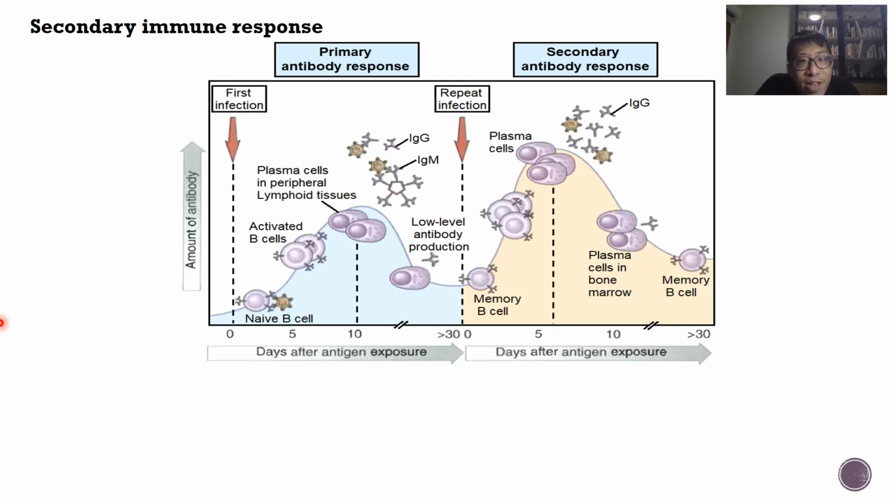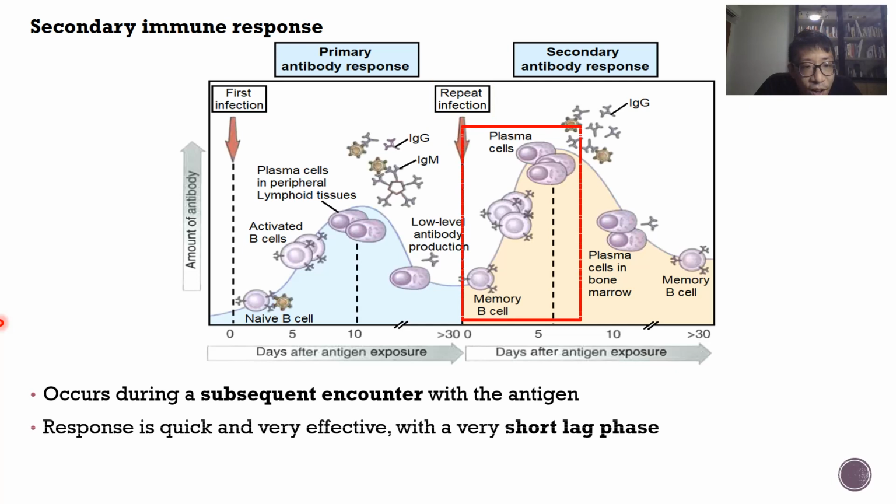That brings us to the secondary immune response, when the body encounters the same pathogen with the same antigen for a second time or subsequent encounters. The memory B cells, again, we are focused on the B cells here, so do not forget about the T cells as well, but we are focused on the B cells in this graph.